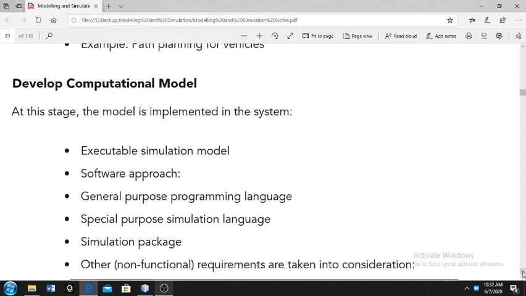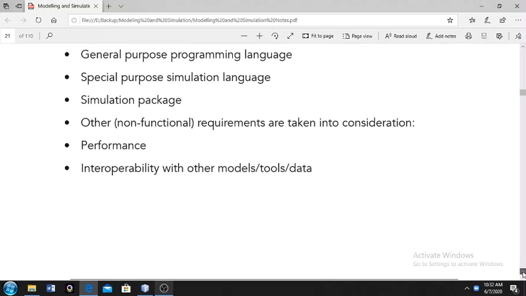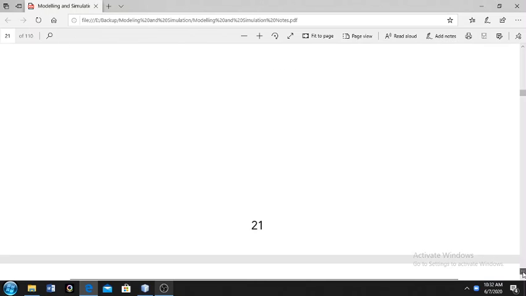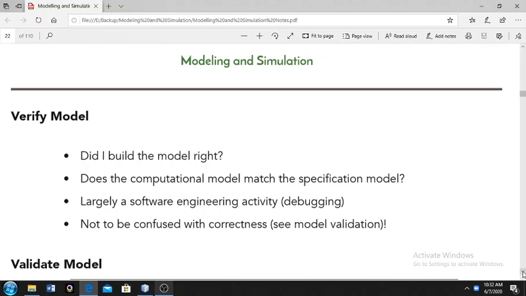Executable simulation model: software approach, general purpose programming language, special purpose simulation. So here you implement the model, and then you verify. Did I build the model right? Does the computational model match the specification model? Largely a software engineering activity.